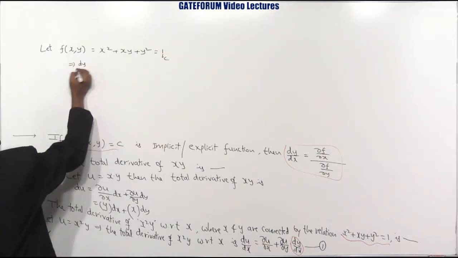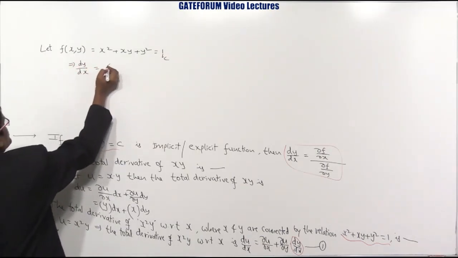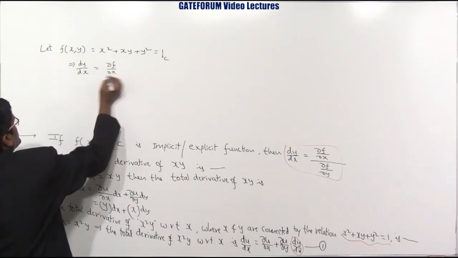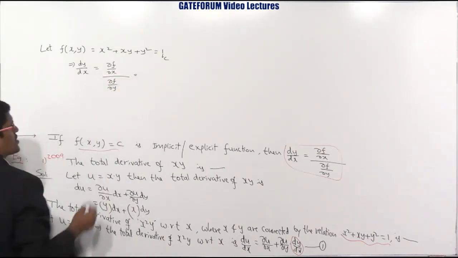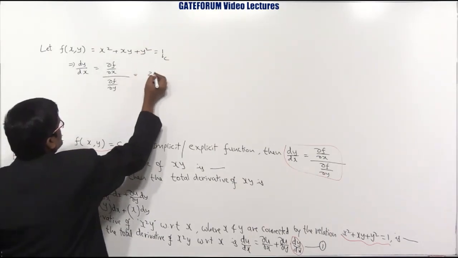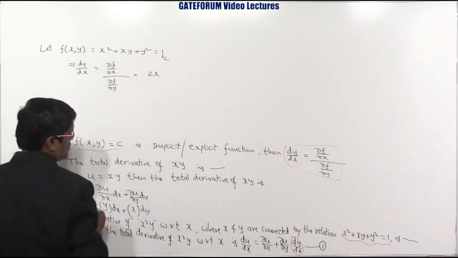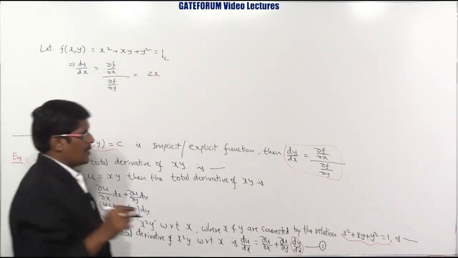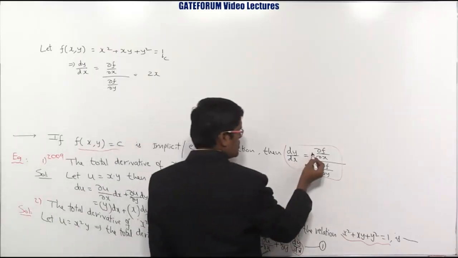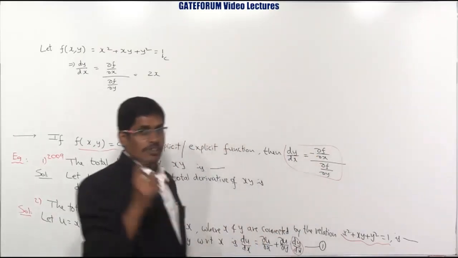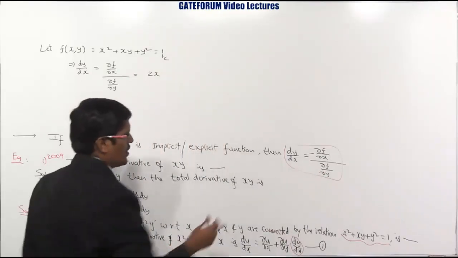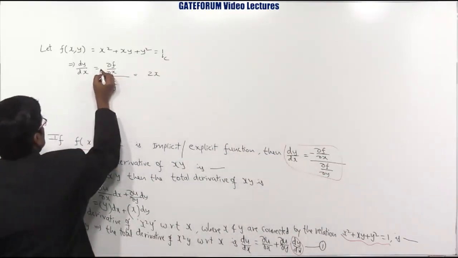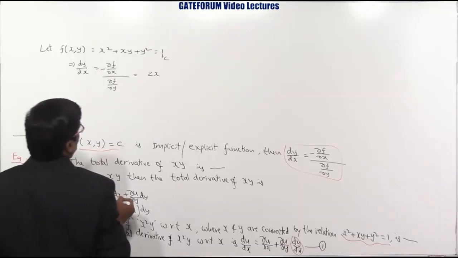This implies dy by dx is equal to dou f by dou x divided by dou f by dou y, with partial derivative with respect to x of x square being 2x. So kindly excuse me, all of you come back to this. The dy by dx formula is minus dou f by dou x by dou f by dou y. Please modify it, everyone. So this is minus dou f by dou x divided by dou f by dou y.